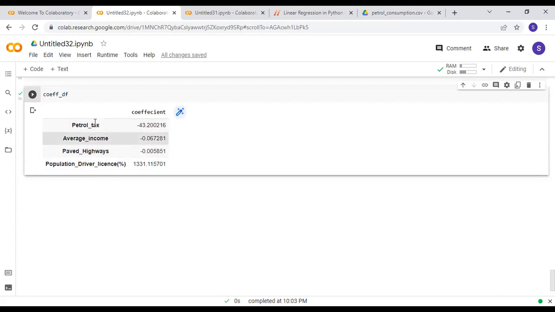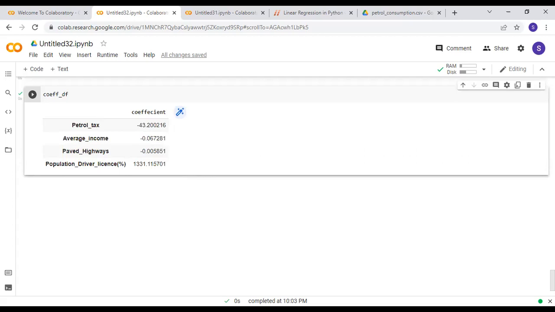So these are x1, x2, x3, x4, and these are beta 1, beta 2, beta 3, and beta 4. With x1, the corresponding coefficient is this. With x2, the corresponding coefficient is this. x3, x4, the corresponding coefficients are these.